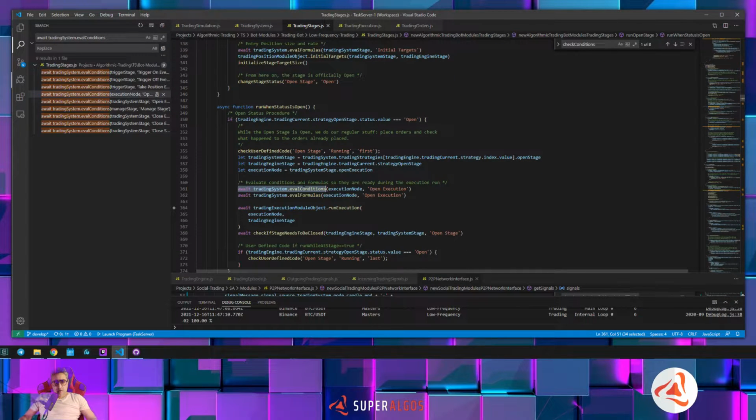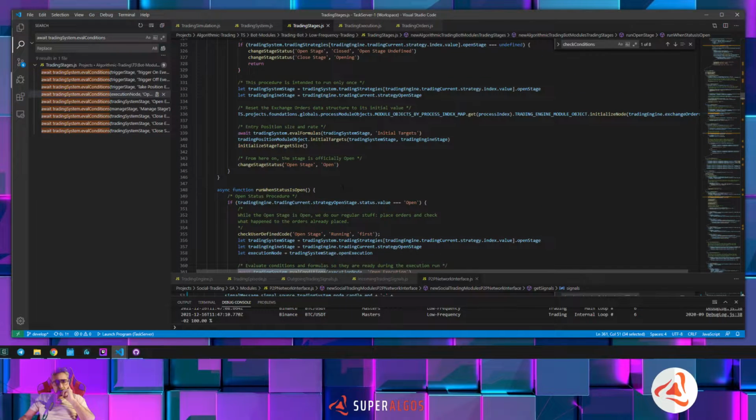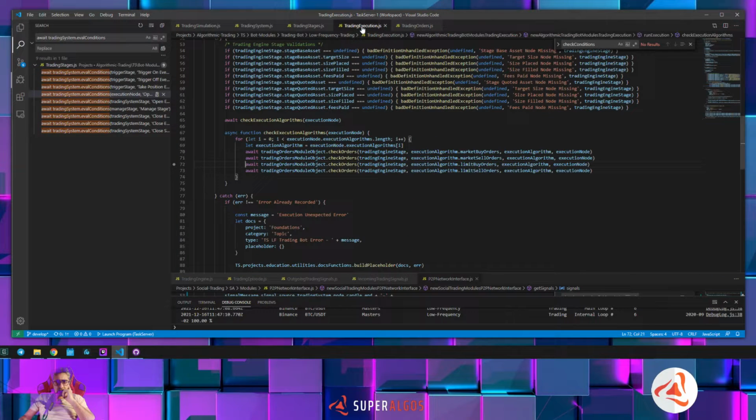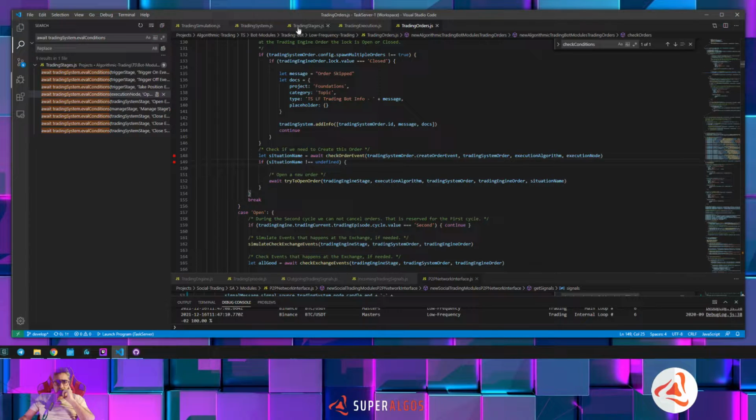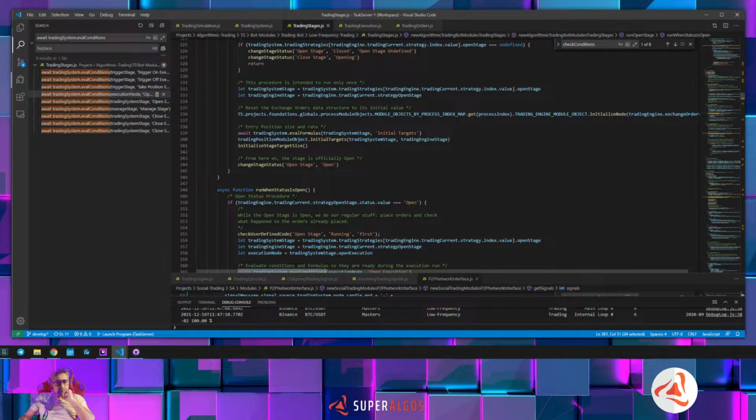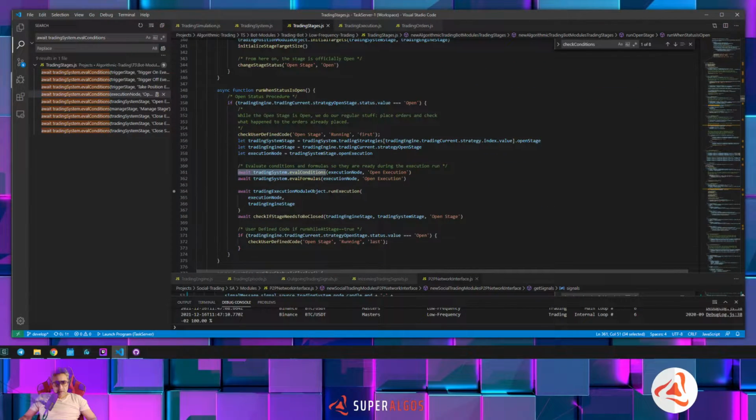Okay, so try to follow me here. We are inside of trading stages. Then come trading execution and trading orders. So in trading stages, probably there is a reason to eval conditions and formulas here.